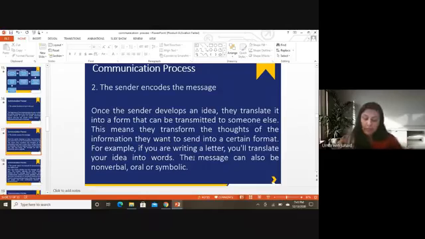So basically, whatever method you select to transform your thoughts into words, any kind of words, written words, spoken words, spoken through a phone call, spoken through an audio, spoken while sitting in front of the other person, these all are the ways you are actually encoding your message.